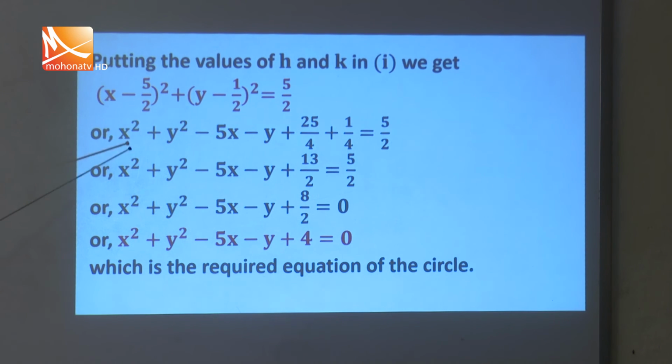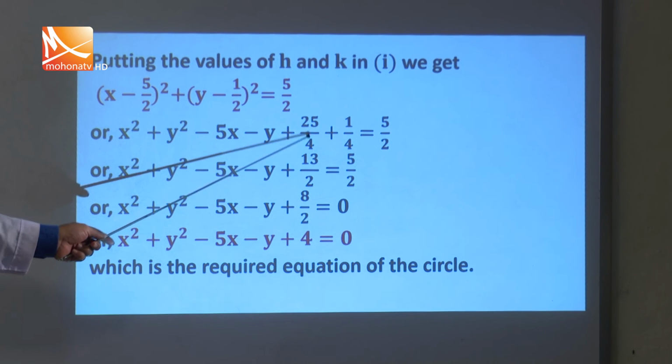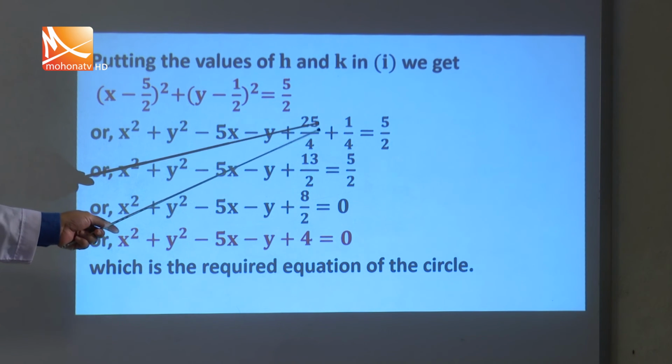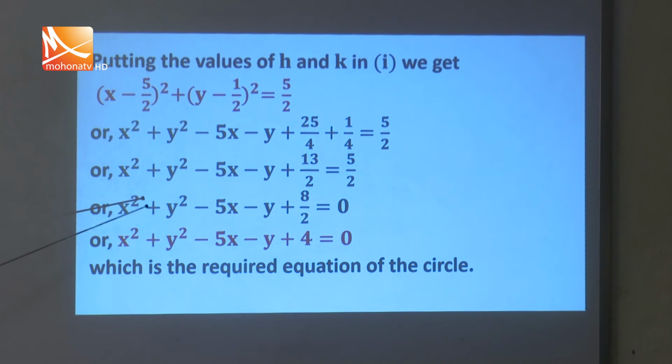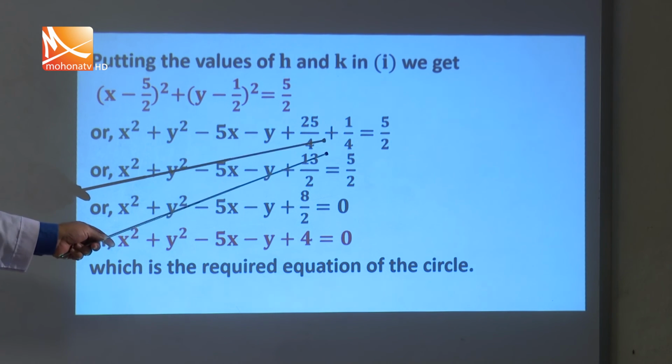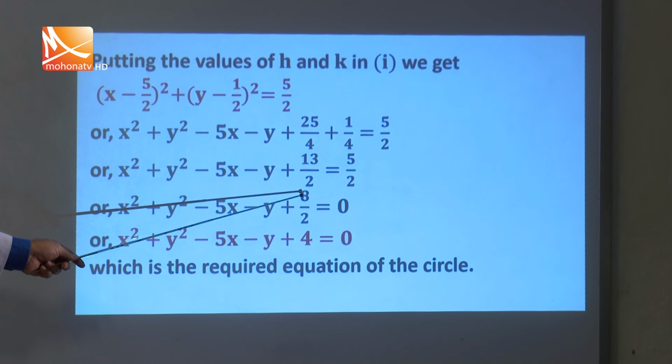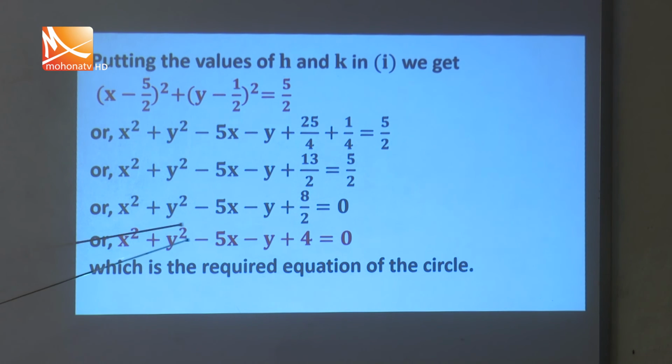Then x square plus y square minus 5x minus y, 25 by 4 plus 1 by 4 is 26 by 4, that is 13 by 2, equals 5 by 2. Then x square plus y square minus 5x minus y, 13 by 2 minus 5 by 2 is 8 by 2, that is x square plus y square minus 5x minus y plus 4 equals 0, which is the required equation of the circle.